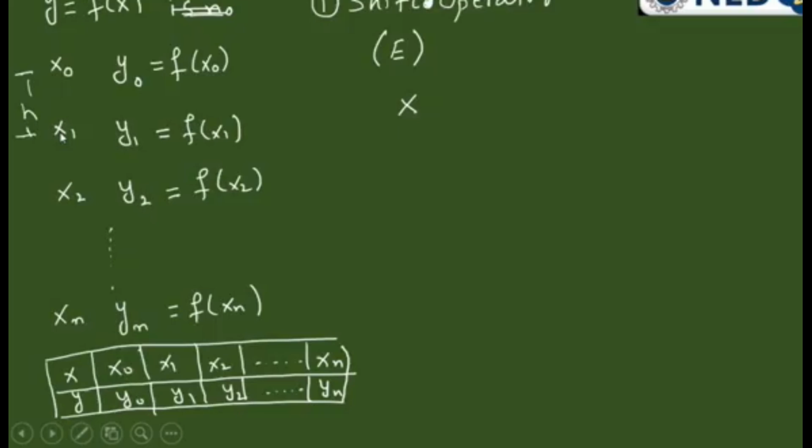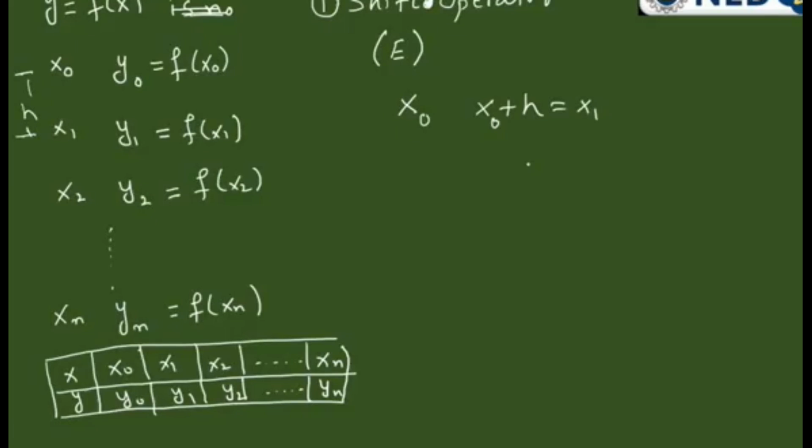So I can clearly say that if there is any point x, and another point is x plus h, then they are two consecutive points. For example, if I label this point x as x0, just for your understanding, then this point x0 plus h is equal to x1.